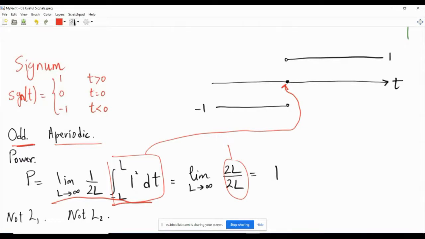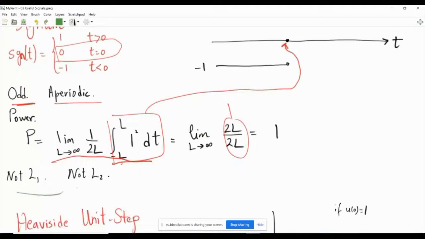That's the reason I just wrote the integral from minus L to L of 1 squared. What about this line here? It's a non-issue, because integrals are insensitive to things happening on a set of measure 0.